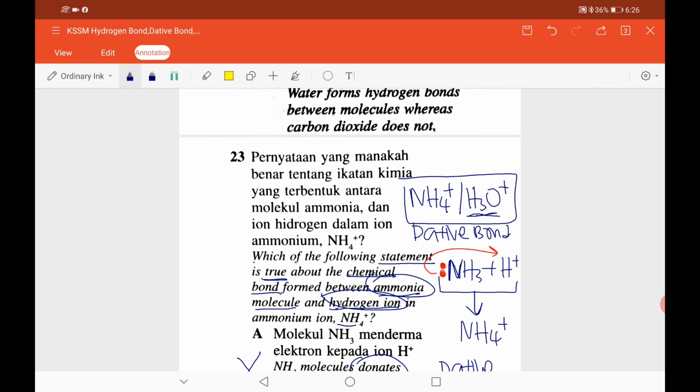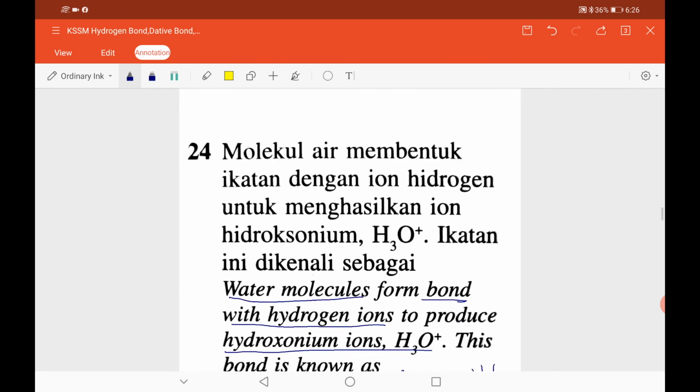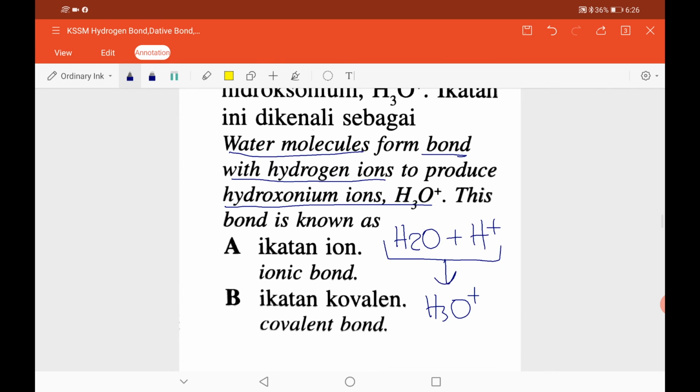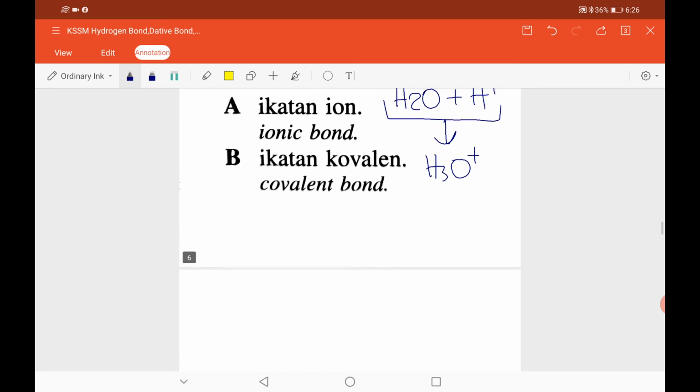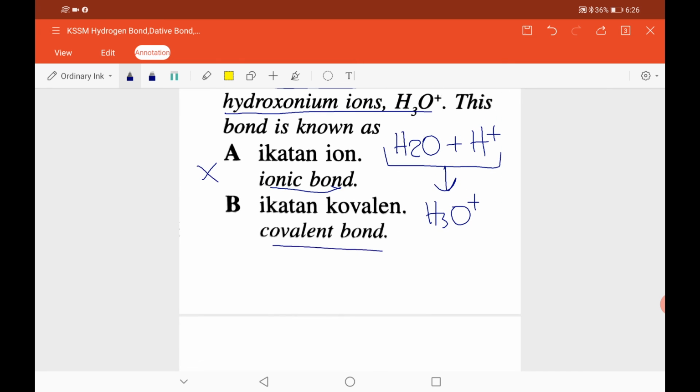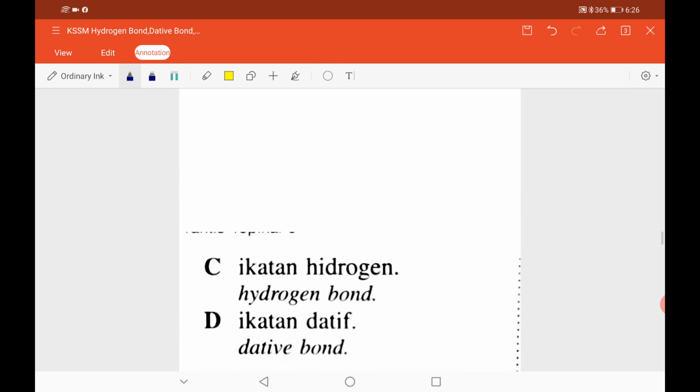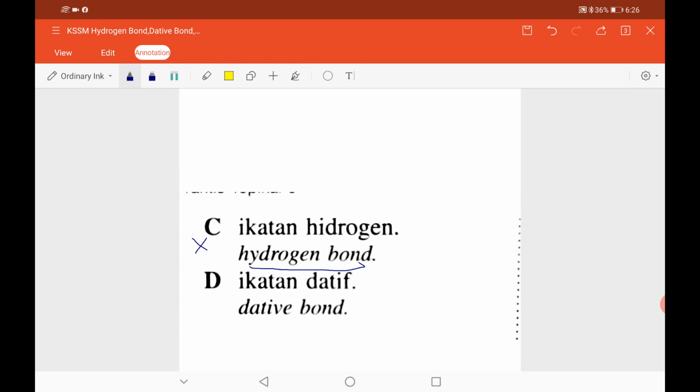There are only 2 dative bonds we should focus on for SPM: NH4 plus and H3O plus. So we know that this is a dative bond, so just go for dative bond. Ionic bond, wrong. Covalent bond, wrong. Hydrogen bond, wrong. Dative bond, yes. So that is what we need to know. Very straightforward.